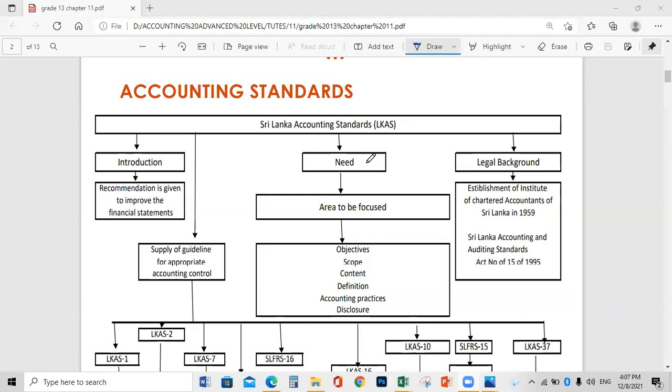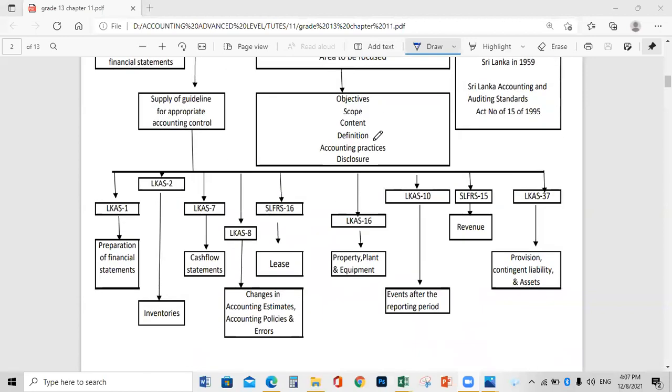So guys, if you take accounting standards, this was given in the teacher's guide. These are the standards you have to know. If you want to prepare company accounts and you don't know these standards, you can't prepare company accounts. What are company accounts?